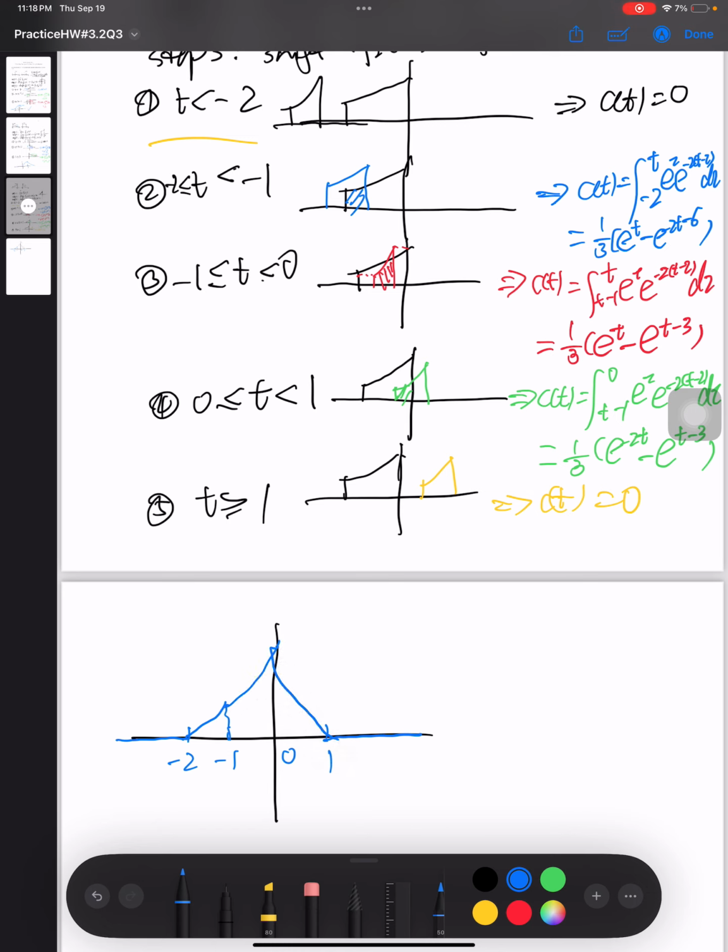The final answer is something like this. Of course, if you want to get more accurate results, you can use MATLAB to plot them. So that's all. Thank you.